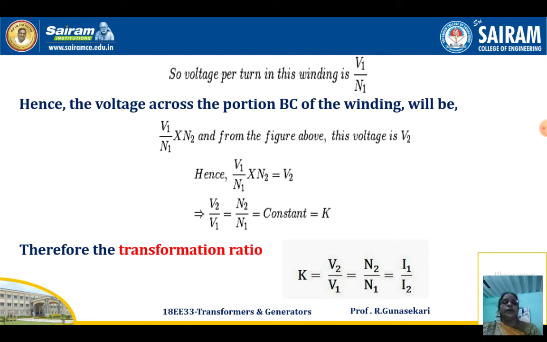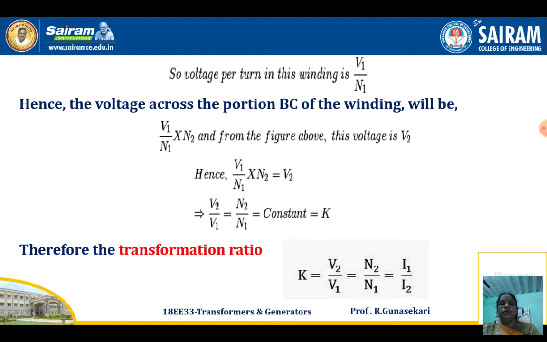The voltage per turn is equal to V1 divided by N1. The voltage is V1, the turns N1 for primary. The voltage across the portion BC is equal to V1 divided by N1 into N2.